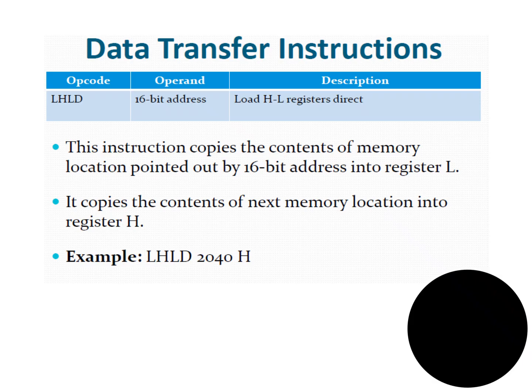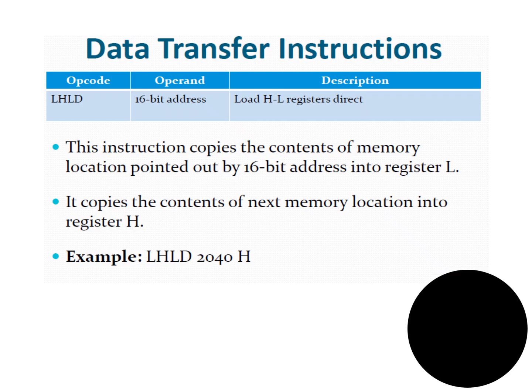With the help of this instruction, you can load 16-bit data. Here the address 2040 is mentioned directly. In one 16-bit address, one 8-bit data will be taken. Whenever the processor executes this instruction, it takes the 16-bit data from the specified memory location mentioned in the instruction.